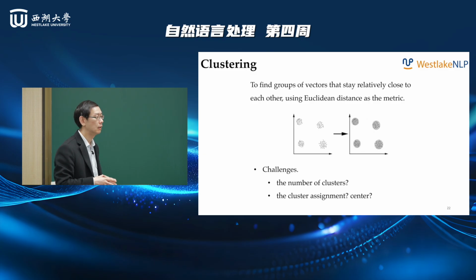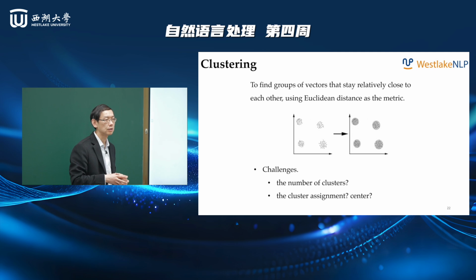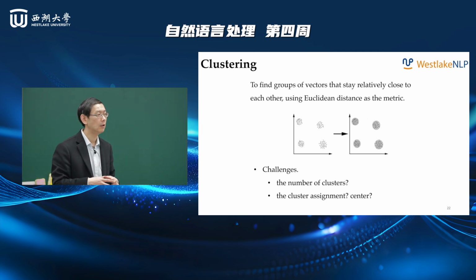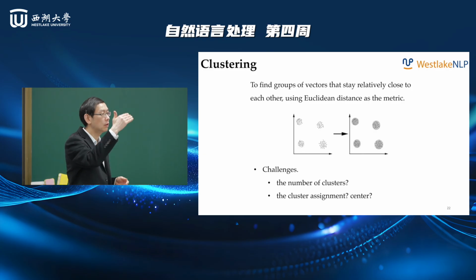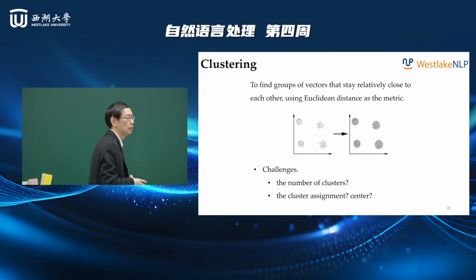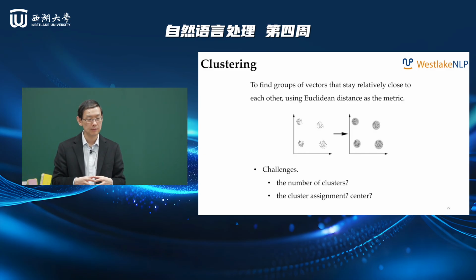And second, how do you assign dots to clusters? All I know are vectors. I can iterate through these vectors, but I don't know who will belong together. So these are the two challenges.